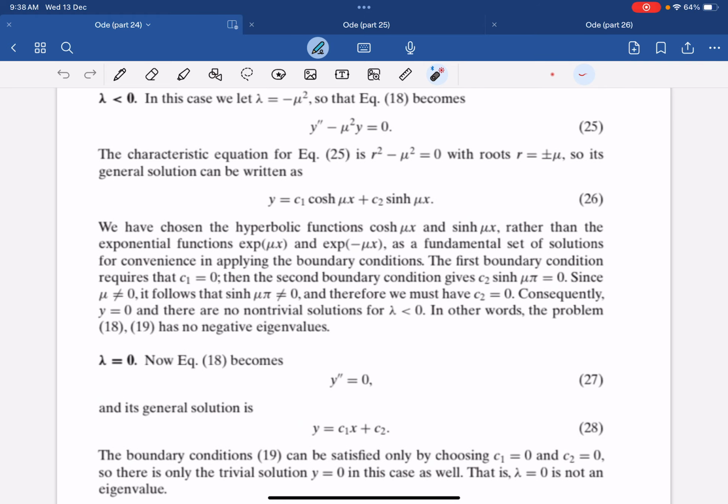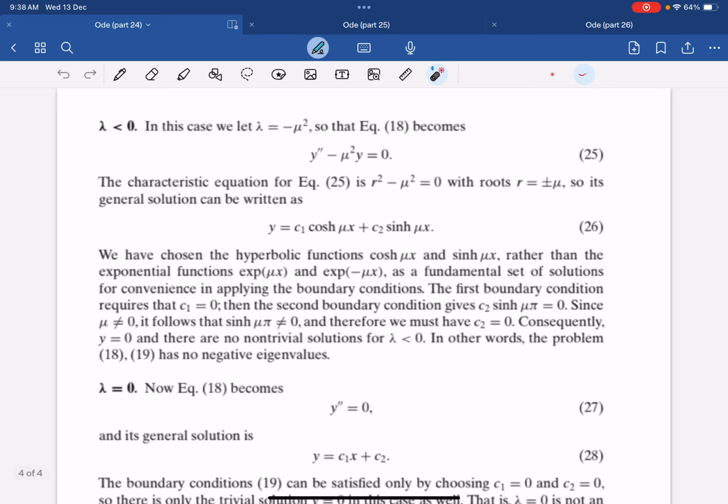And then we move to the next case where lambda is less than 0. If lambda is less than 0, we just let lambda be minus mu squared, and then you solve it out. You can actually show that in this case, both c1 and c2 will always be 0. So there will be no negative eigenvalues.